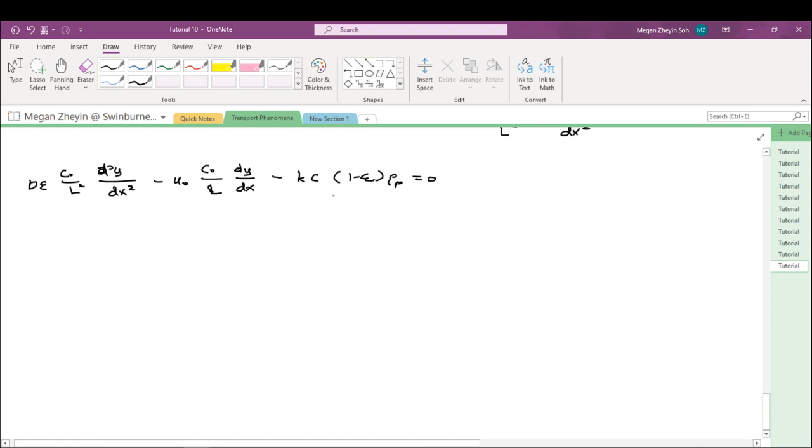So we multiply by L over C0 U0, okay, to get rid of the constants and make it simpler.